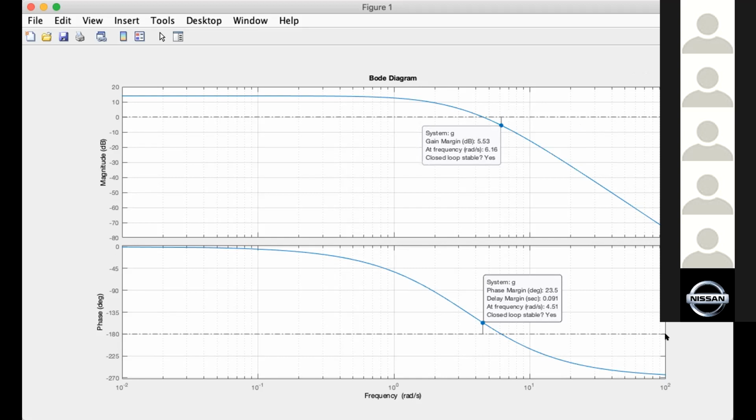Raja Ahmad. What is the value of omega GM? Gain margin 5.53. That is the gain margin. What is the value of the frequency of gain margin, omega GM?